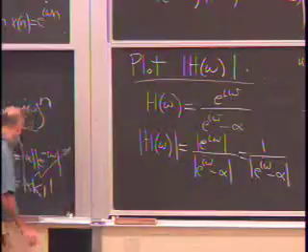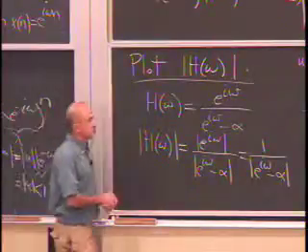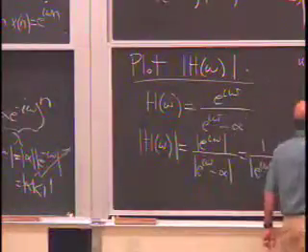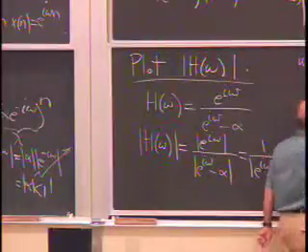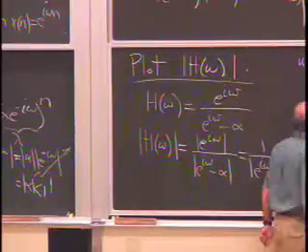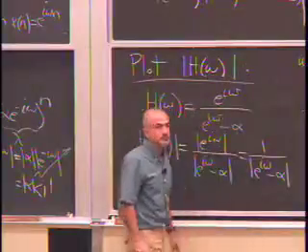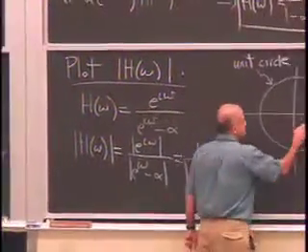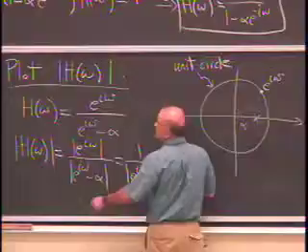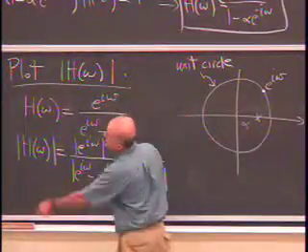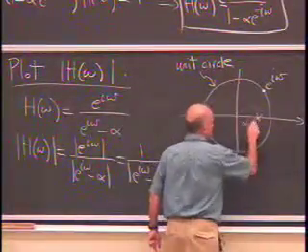this quantity. Now suppose alpha is here. Alpha in general is somewhere in the unit circle. But let's just say alpha is real, and it's over here. Alpha. Let's pick 3/4 here.